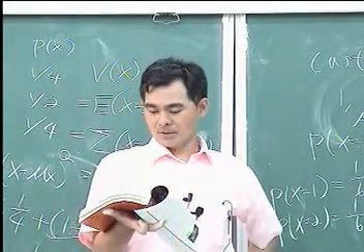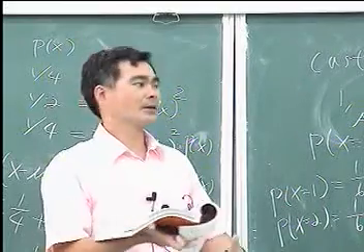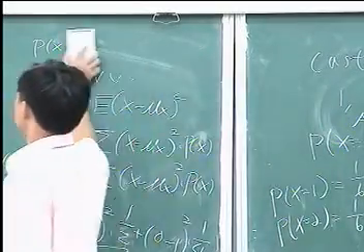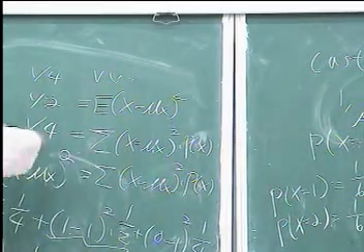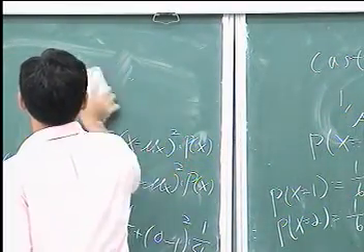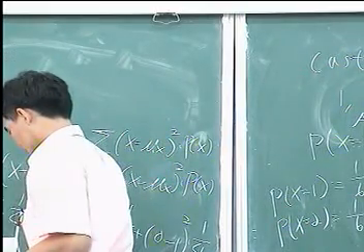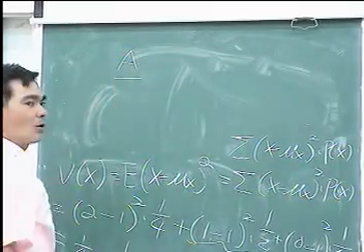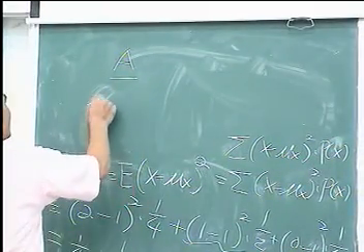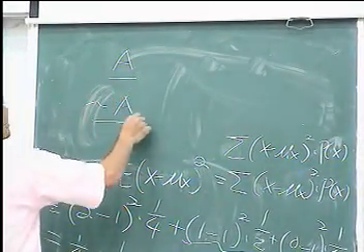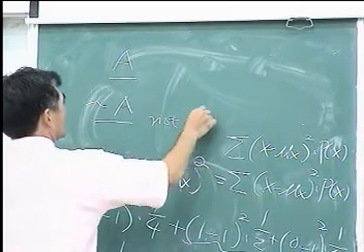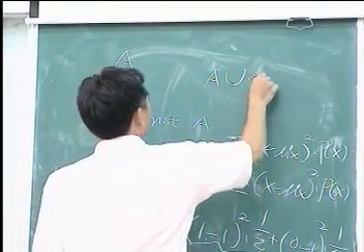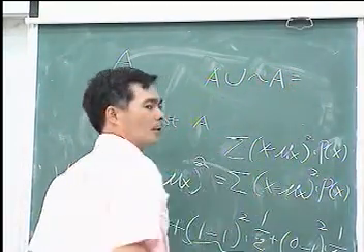So let us get to page 159. You have the complement rule. This is called A, and this symbol is not A. So A union not A should be equal to what?